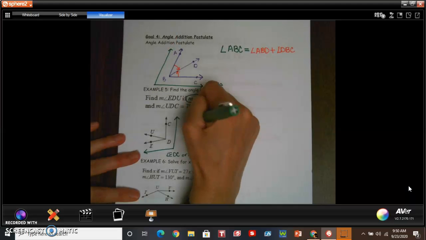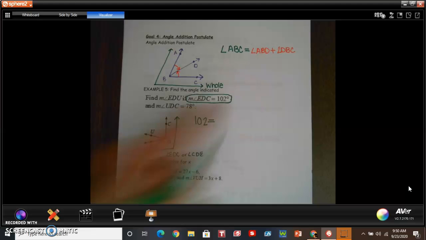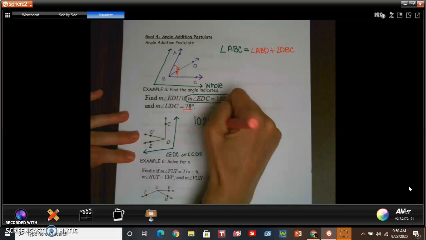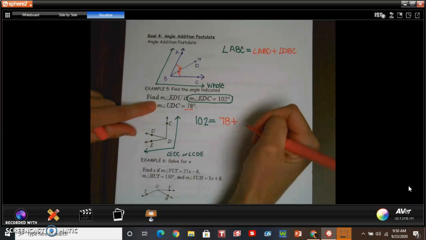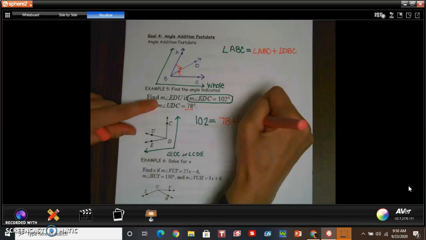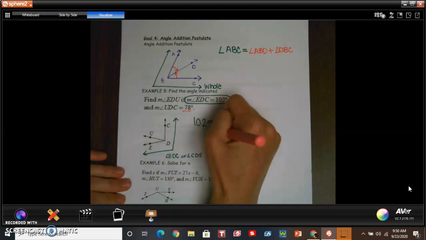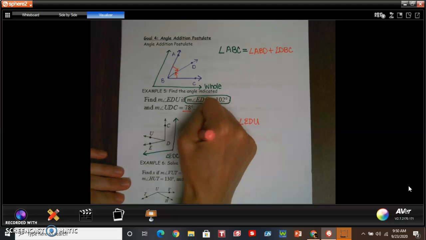This is what the entire thing equals. So I have 102 equals, and let's see what other information we know. We know 78 plus what we need to find, angle EDU. All right, so then how do we solve for EDU? We're going to do opposite operations here. So we're going to subtract 78 from both sides.